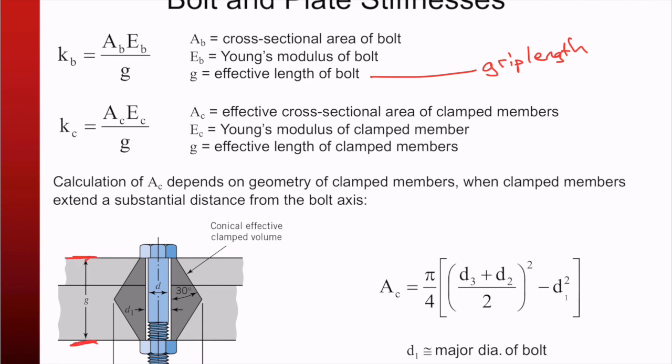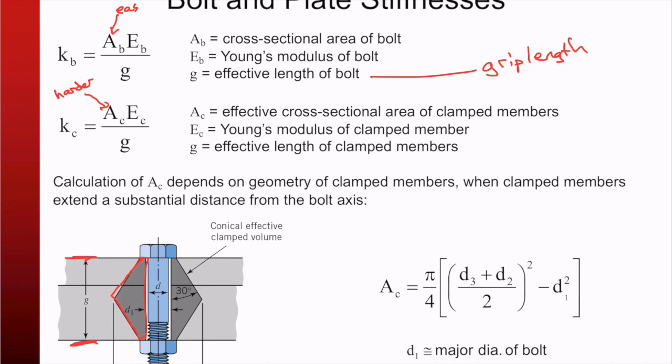Okay. Now it's a little trickier here because I can't simply say the area of the bolt, this is easy. The area of the clamped members, that's a little tougher. How do we get that? Well, if I consider this to be kind of a frustum, and a frustum is a cone with one end lopped off like that, I can just do a little geometry here.